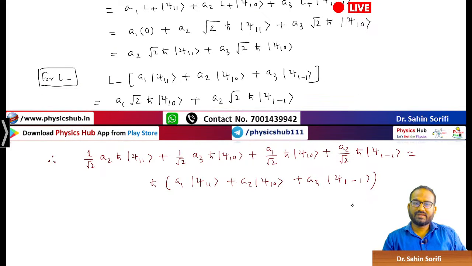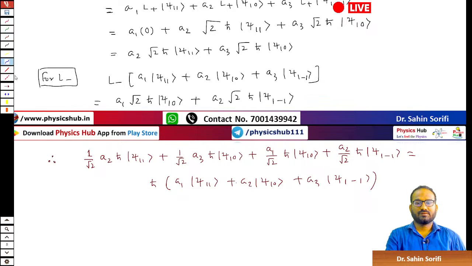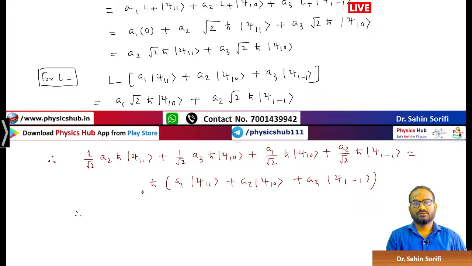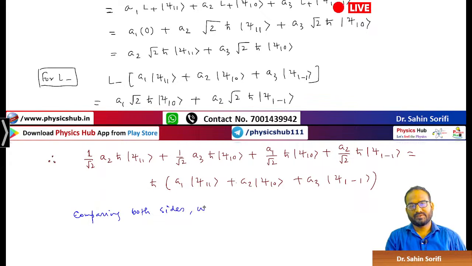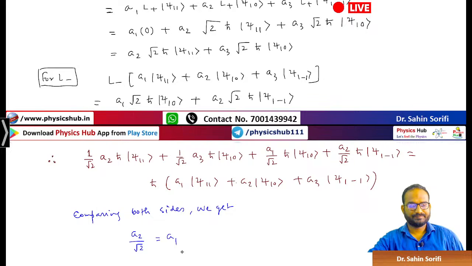Now from this you can compare on both sides. If you take psi 1 1, then you can see a2 by root 2 is equals to a1, right? Comparing both sides, we get, look, a2 by root 2 is equals to a1.